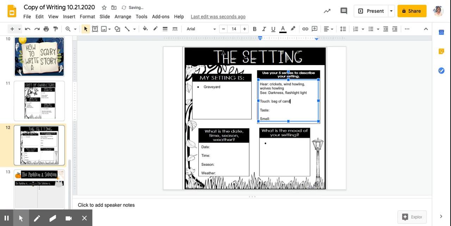I am probably touching or feeling the cold air against my face. What could I taste? I could possibly be tasting the Halloween candy that I was just eating.